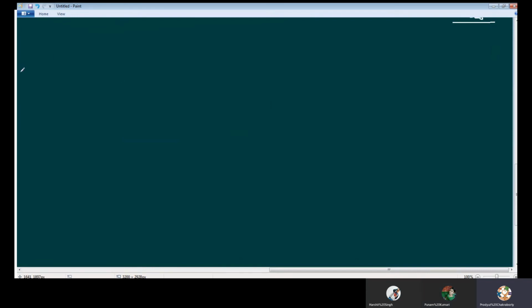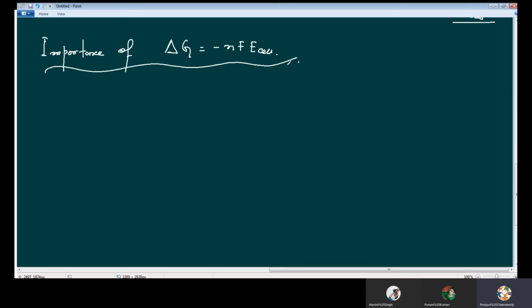Now, what is the importance or significance of this reaction? That is del G equals minus nFE of the cell. So at constant pressure and temperature, by this we check whether the reaction is spontaneous or not.